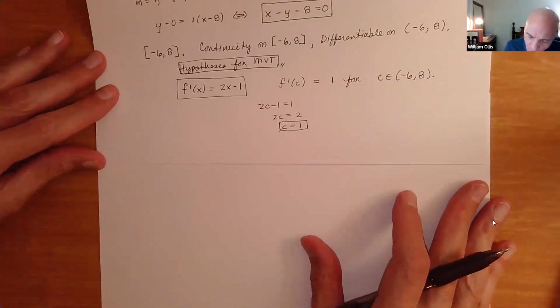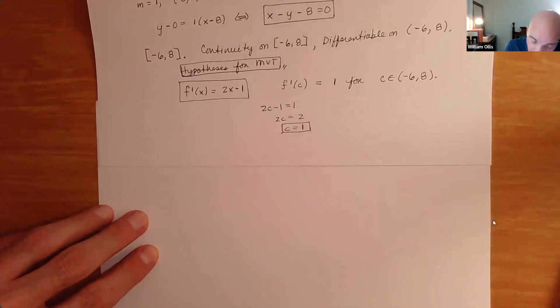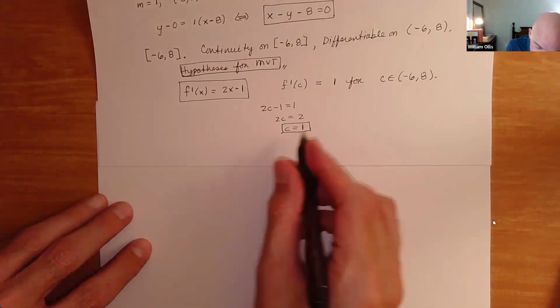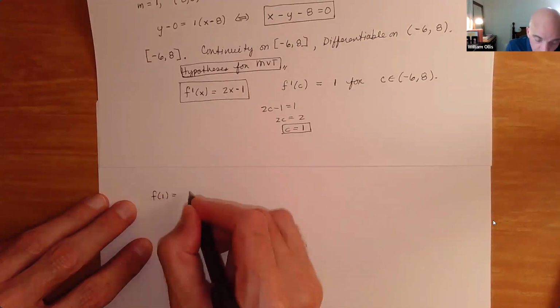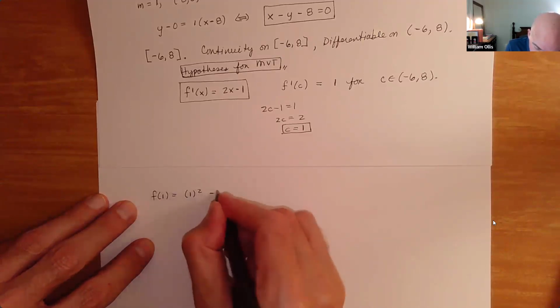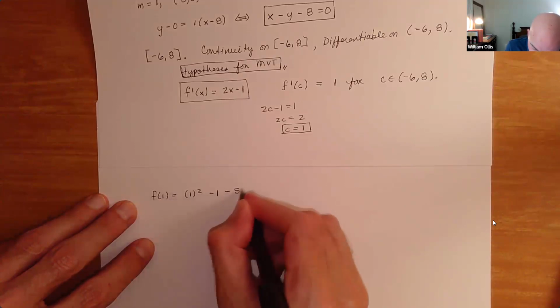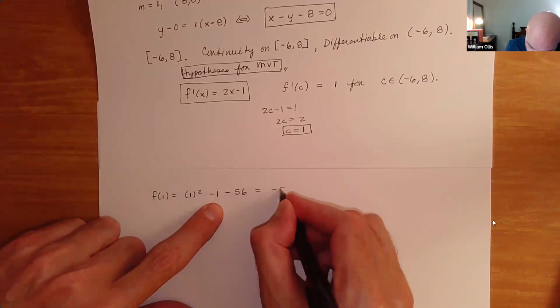So at this point, what we want to do is now write the tangent line. If you think about this, we've got c as 1, so f of 1 will now be 1 squared minus 1 minus 56. Of course, the 1 and the minus 1 cancel, and we just get negative 56.